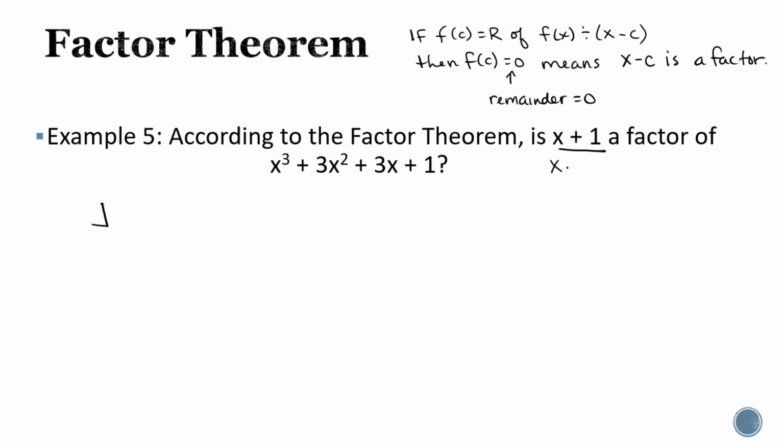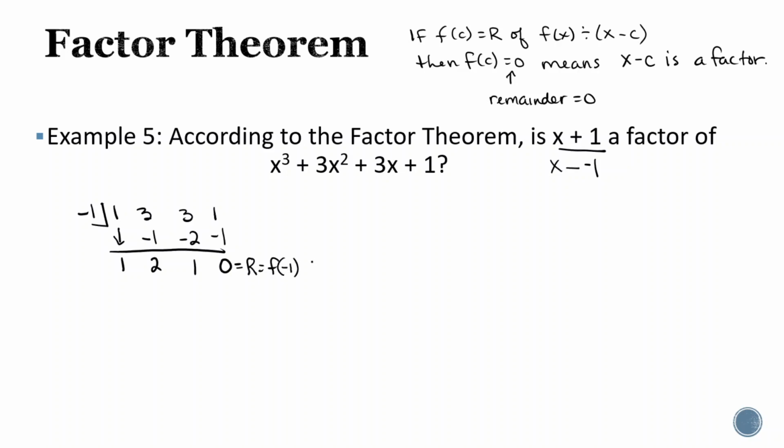Okay, so all I have to do is take this. This would be x minus a negative 1. So I'm going to put a negative 1 in the box. I'm going to write my coefficients down, and I'm going to do the division. So I bring down the 1, and I multiply, and I add. I do the multiplication, and I add. And I do the multiplication, and I add. This remainder equals f of negative 1.